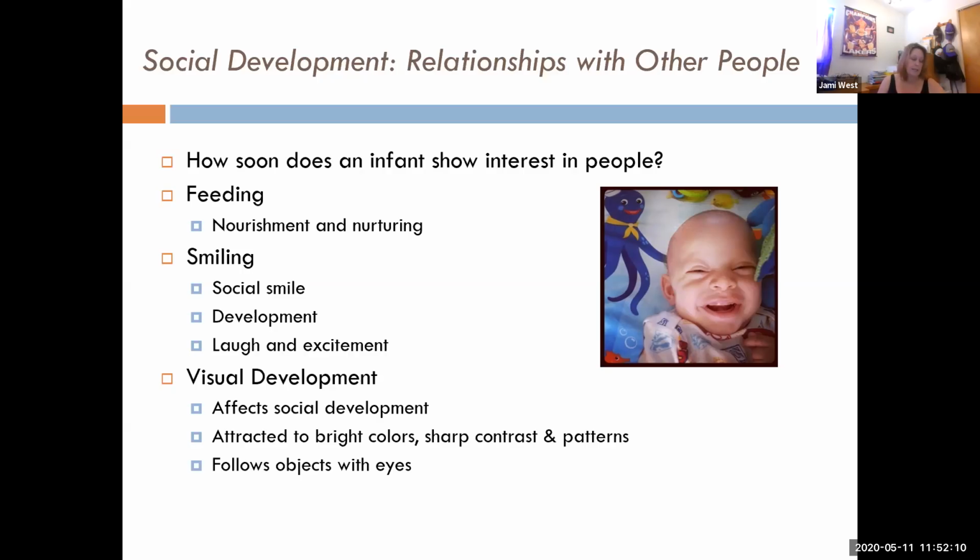That social smile is something that they develop. And then a little bit later, that laugh and excitement to draw in people. Right around 3 months is when they start to develop that belly laugh and excitement, okay?